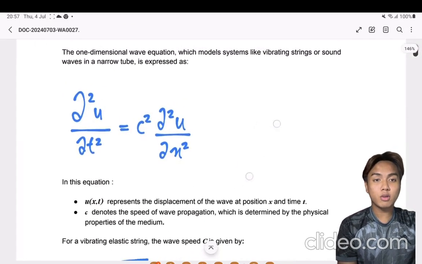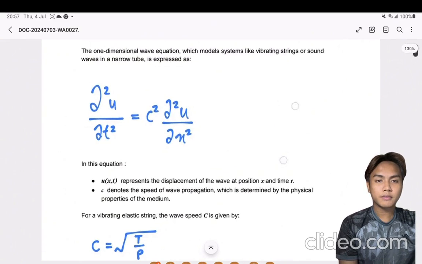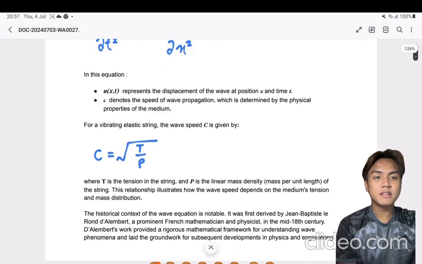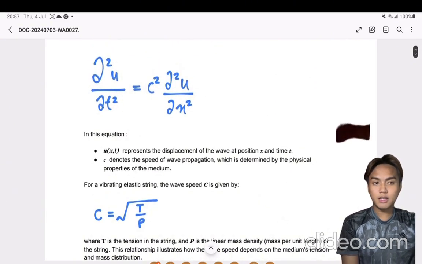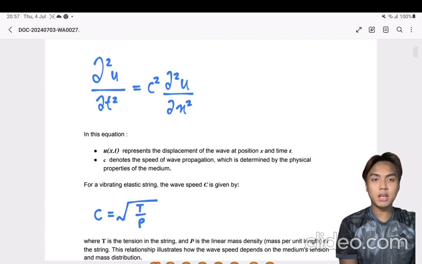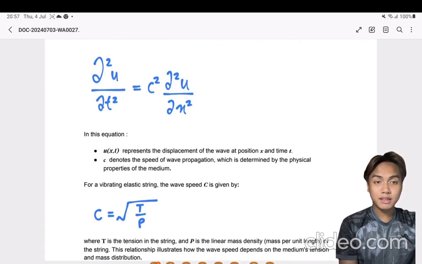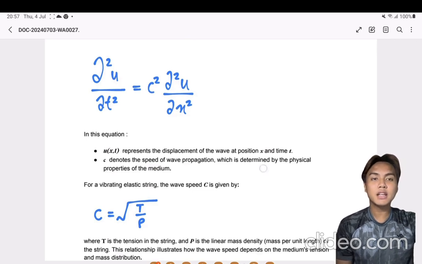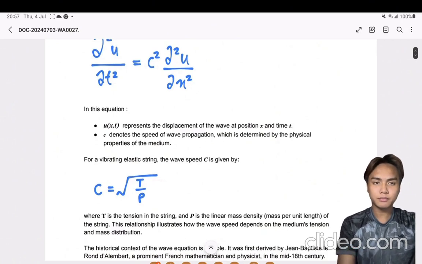In this equation, u(x,t) represents the displacement of the wave at the position x and the time t. C denotes the speed of wave propagation, which is determined by the physical properties of the medium.